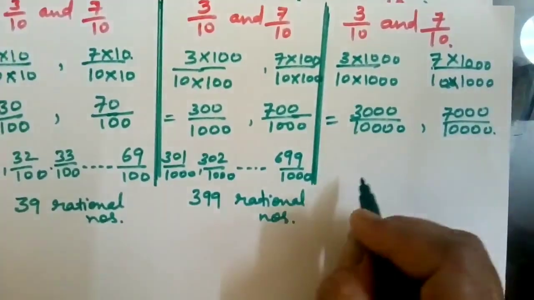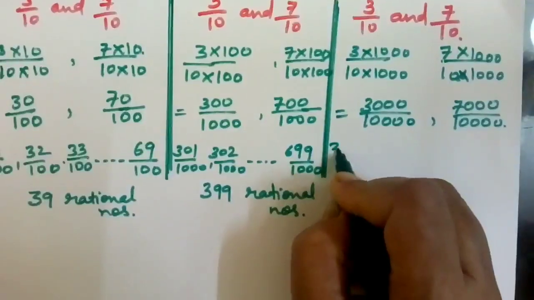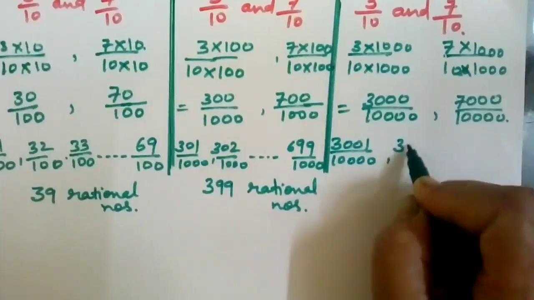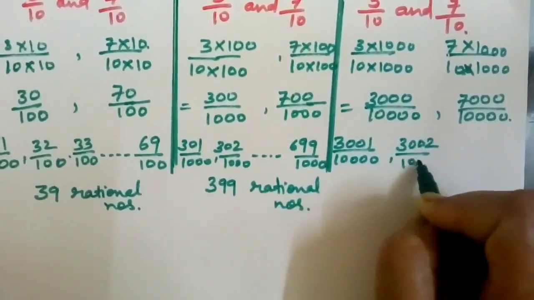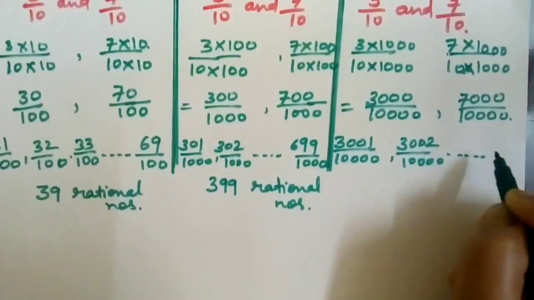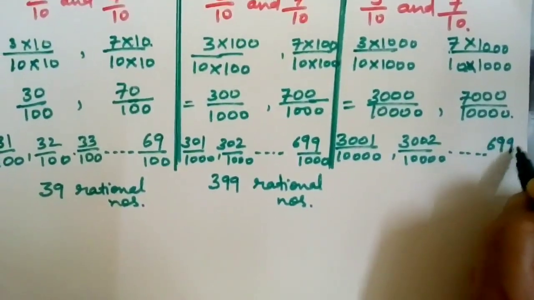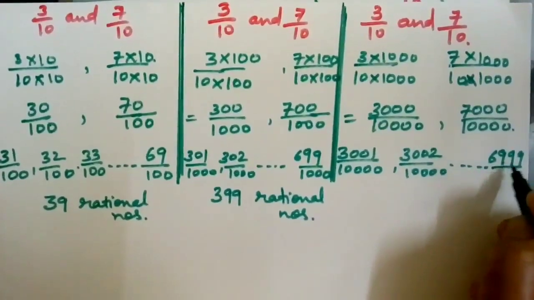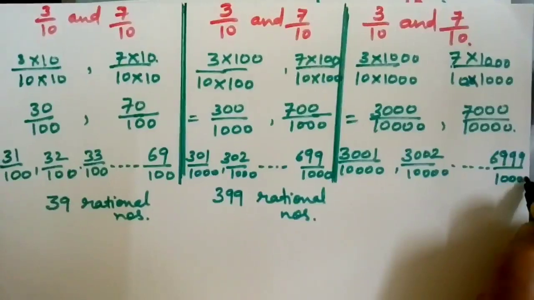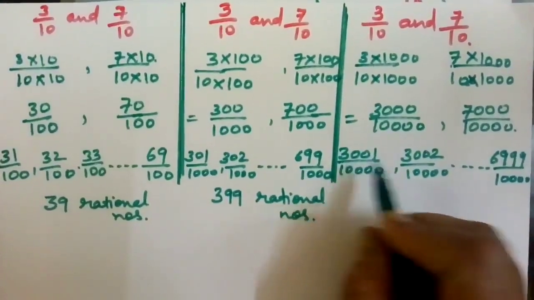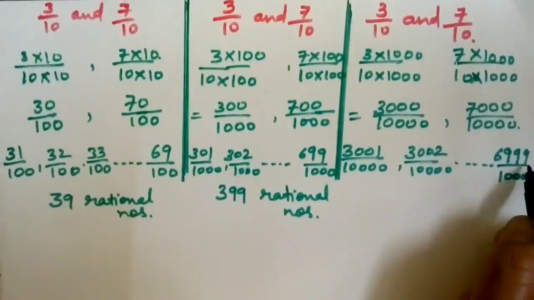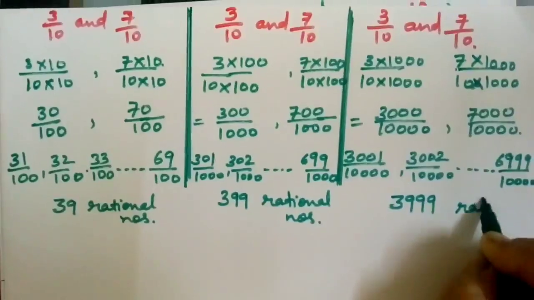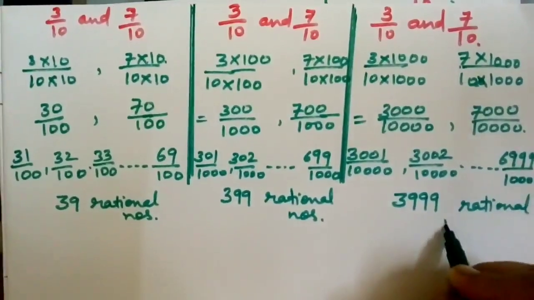Then we will count now. After 3000 we will start. So 3001 upon 10,000, 3002 upon 10,000, up to 6,999. Before 7,000 we will take one number, 6,999 upon 10,000. So if we count 3001 to 6,999, we will get 3,999 rational numbers.